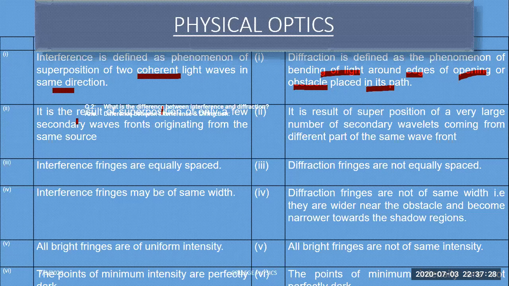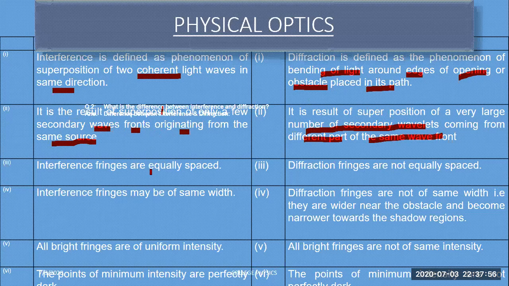It is the result of superposition of only a few secondary wavefronts originating from the same source, whereas diffraction is the result of superposition of a very large number of secondary wavelets coming from different parts of the same wavefront.